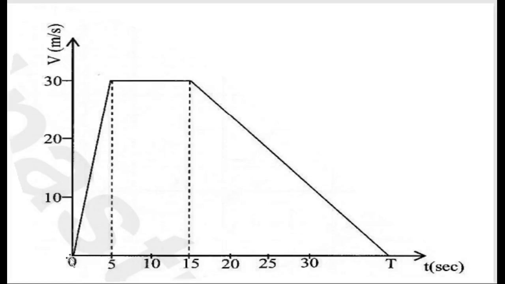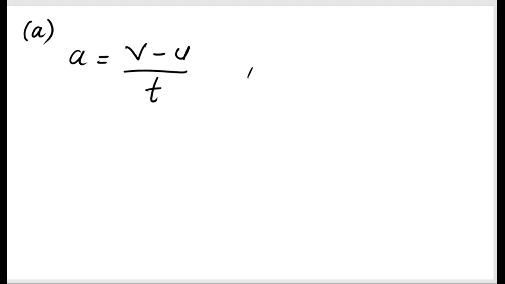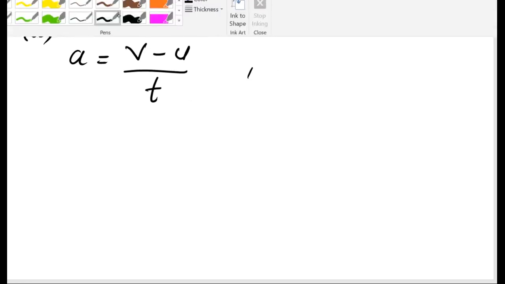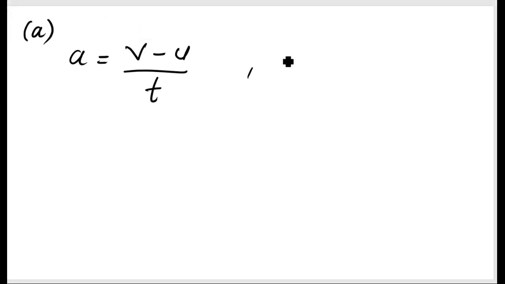The initial velocity, our graph is starting from 0. So 0 is our initial velocity and 30 meters per second is our final velocity. So we are therefore going to say final velocity is equal to 30 meters per second.